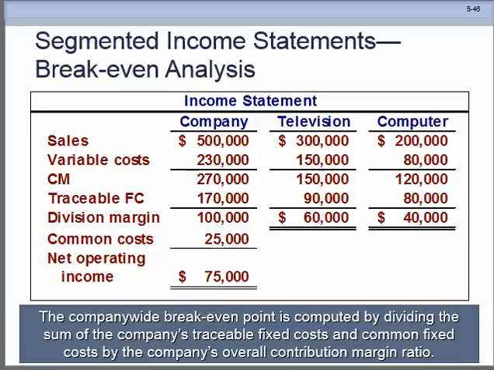And so our break-even point is computed by dividing the sum of the company's traceable fixed costs and common fixed costs by the overall contribution margin ratio. Let me show you how that works.